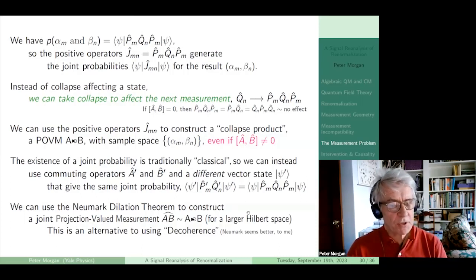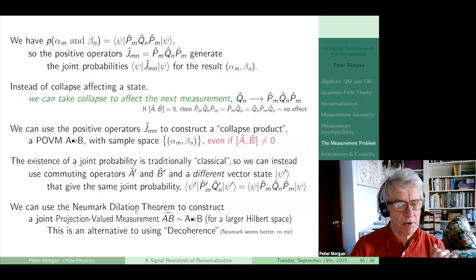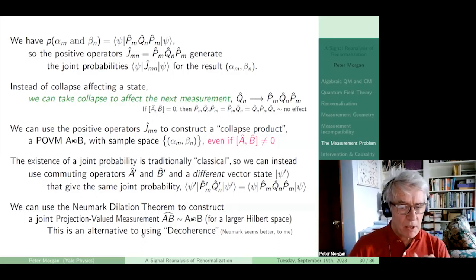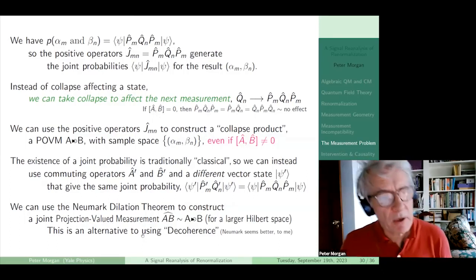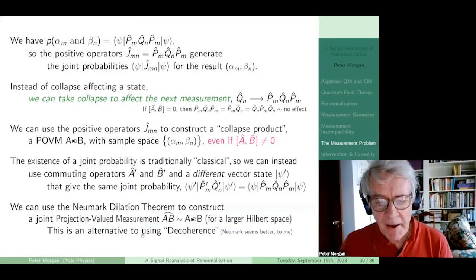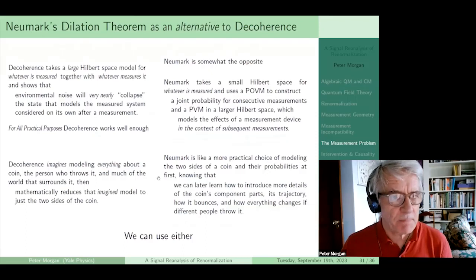This is, in fact, just to use the Neumark dilation theorem to construct a joint PVM for the joint measurement AB that is the same as A collapse B. And that will be in a larger Hilbert space. That's the basis of the theorem. So this is an alternative to using decoherence. It's not a replacement for decoherence, although I like this better, but it is different.